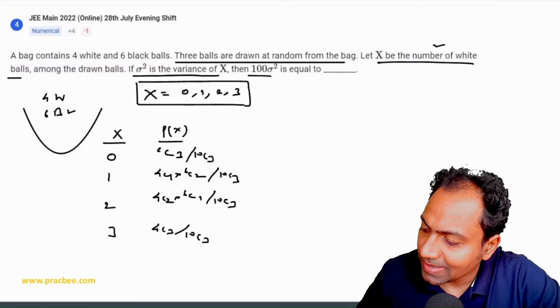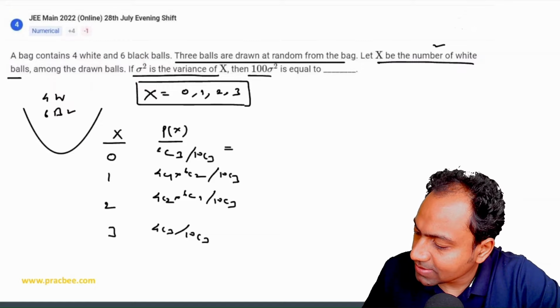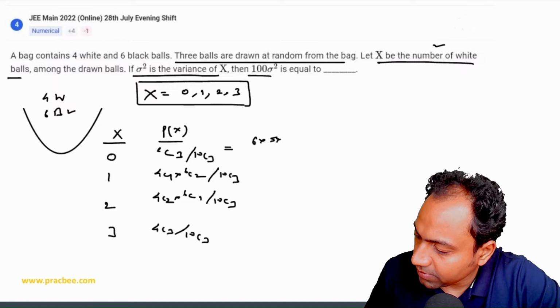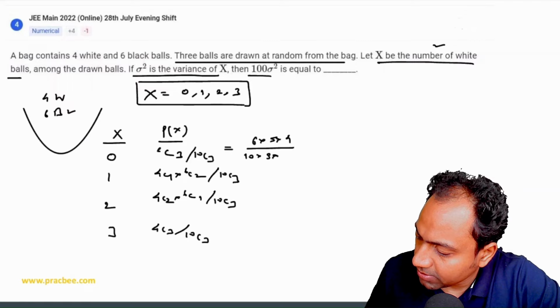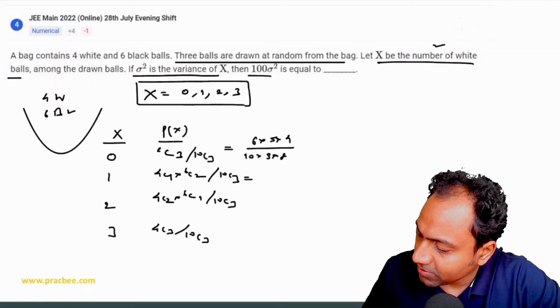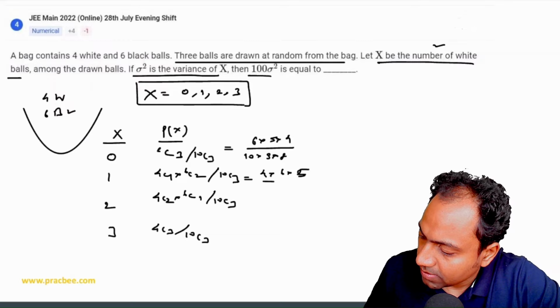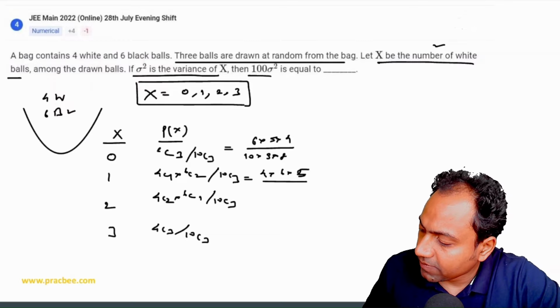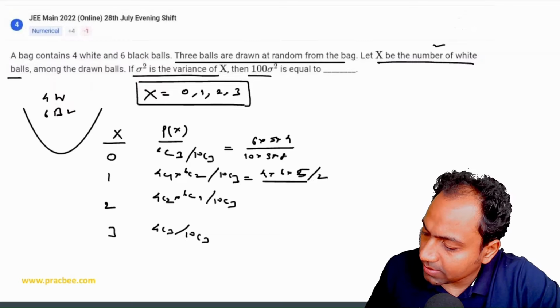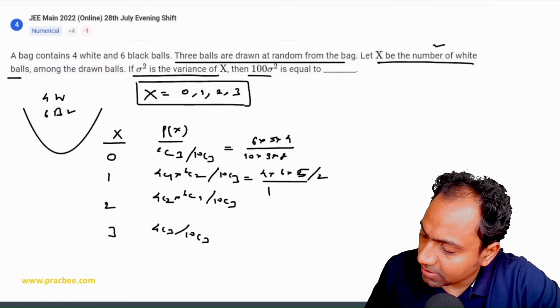So the first part can now be written as 6 into 5 into 4 divided by 10 into 9 into 8. The second part can be written as 4 into 6 into 5 divided by 2, and the bottom can be written as 10 into 9 into 8 divided by 3 into 2.